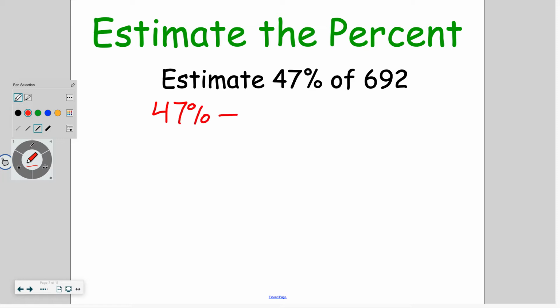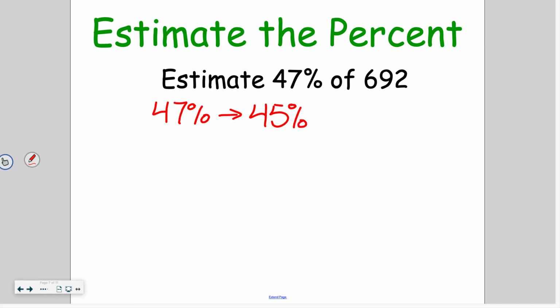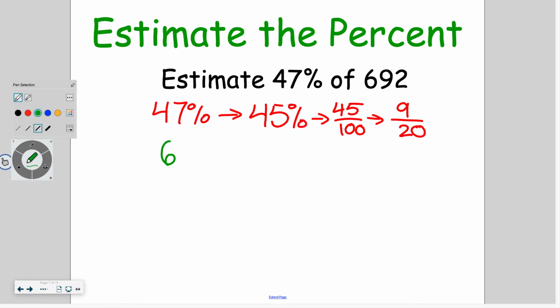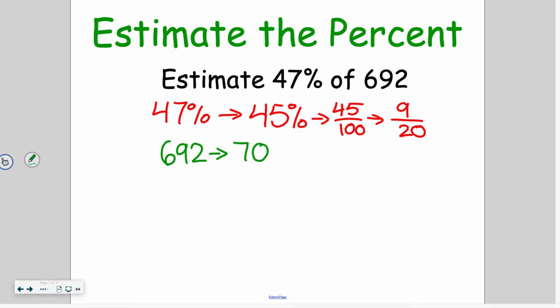The nearest 5% is rounding down to 45%, which is going to be 45 out of 100, which ends up giving me 9 out of 20. We now need something that is close to 692 that can be divided by 20. The closest thing to 692 that can be divided by 20 is going to be 700.